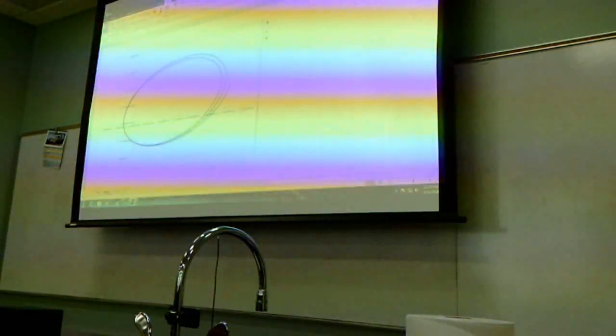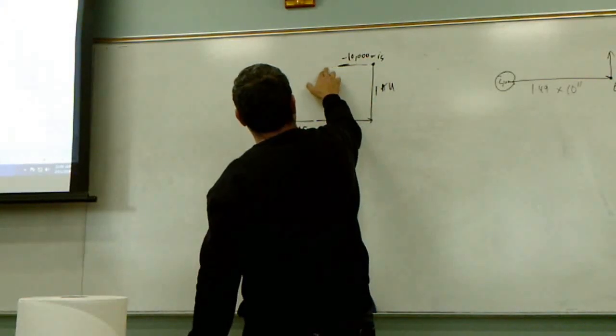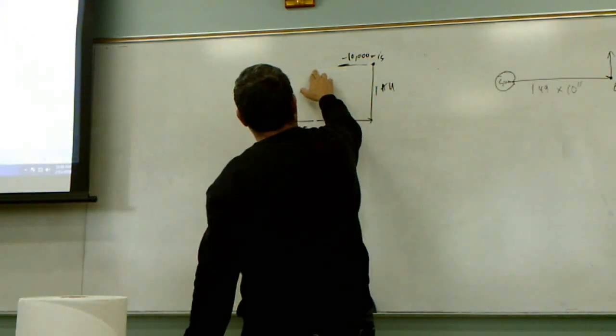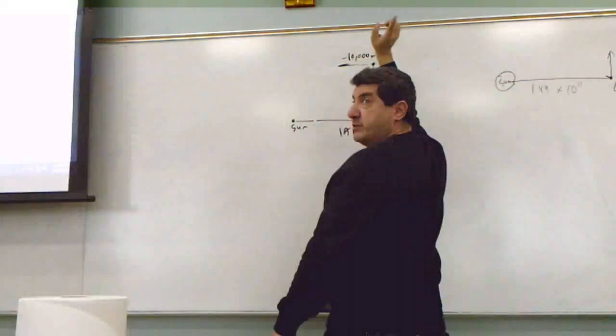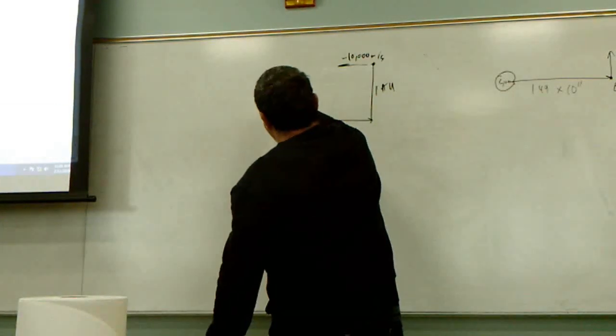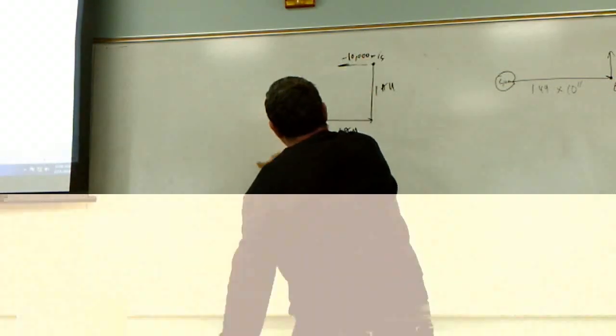Let's say negative 20,000. It's interesting. If I make it faster, then it comes and the sun cannot fling it away as quickly.